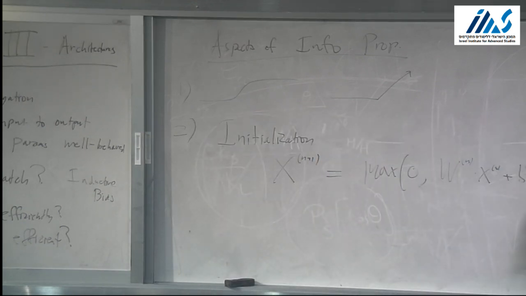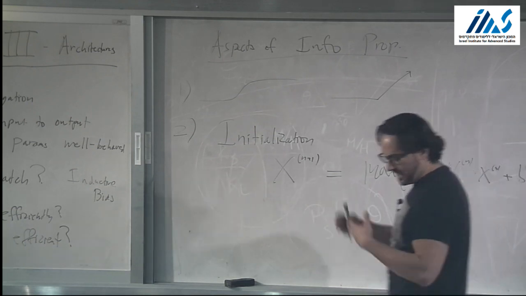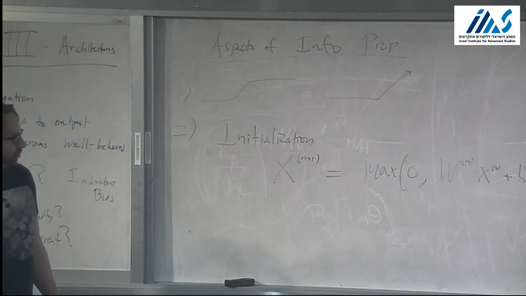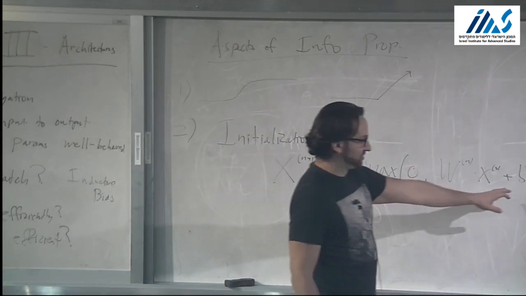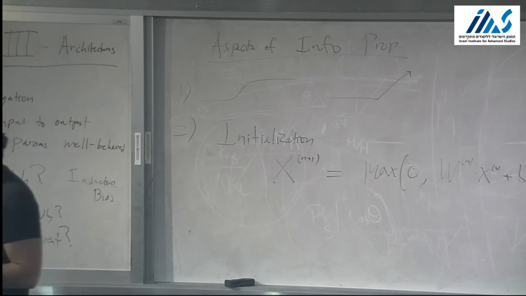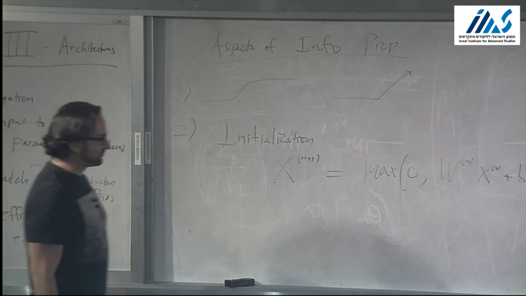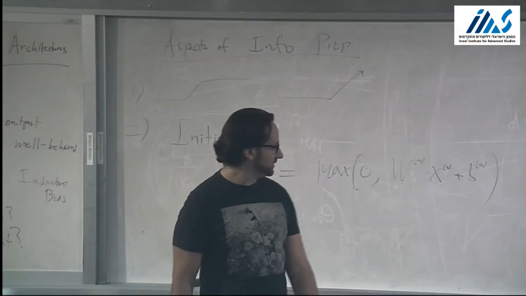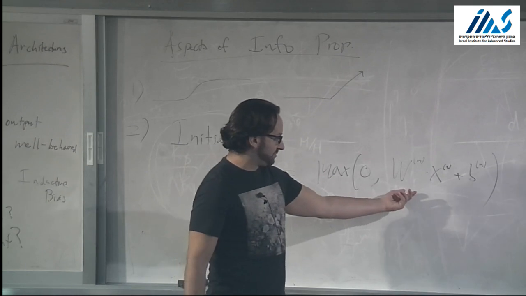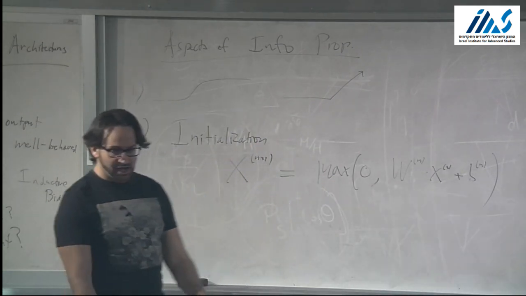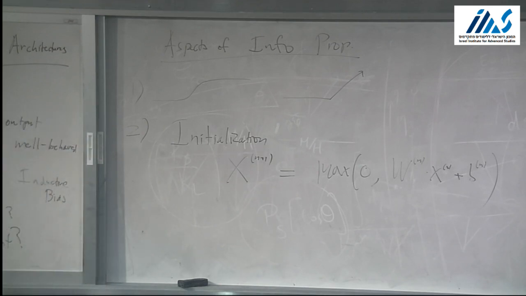Therefore I have to define, when I'm just getting started in the learning process, what do I choose for W and B? And that's a place where I could immediately screw up information propagation. If I make the norm of W too big or too small, then I'm going to end up either blowing up my signal as I propagate through the network, or killing it.